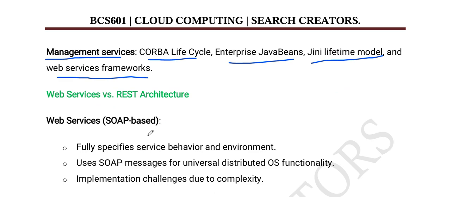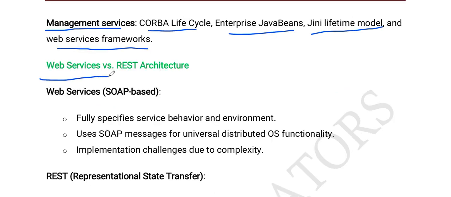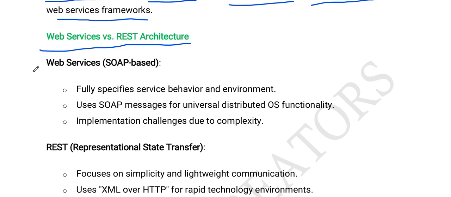Next, we are going to look at web services and REST architecture, and the different aspects present in them. In web services, SOAP-based means based on the interaction between three components: a service provider, a service requester, and an optional service registry.